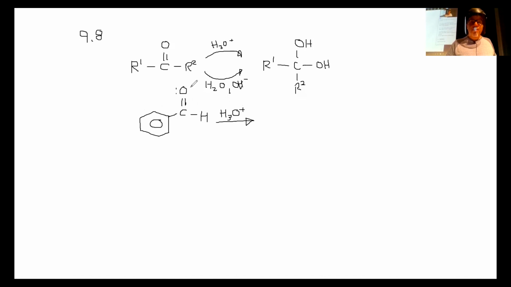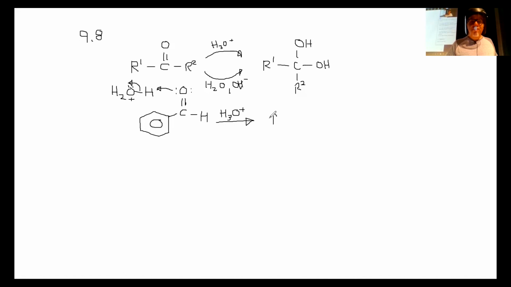Since we're under acidic conditions, just like we saw a few minutes ago, we're going to need to start by putting a proton onto that carbonyl oxygen. And we're going to use a hydronium ion. This here that I'm drawing, that is H3O+. And so we'll just put a proton using a hydronium ion onto that oxygen.